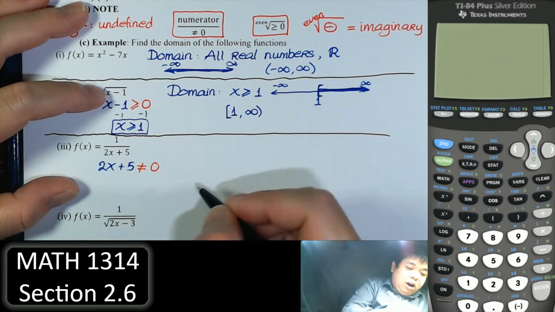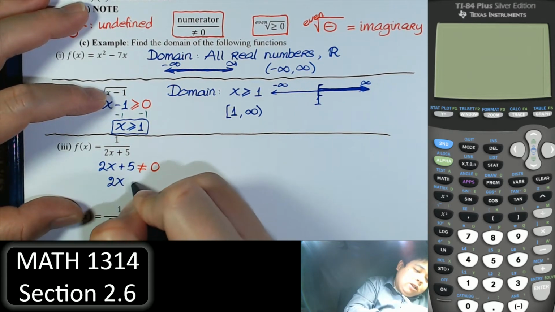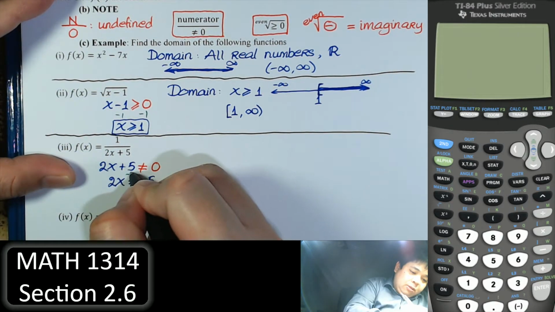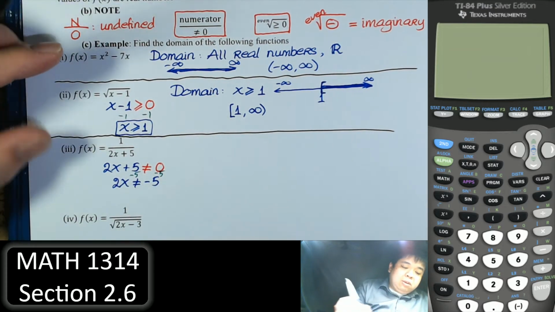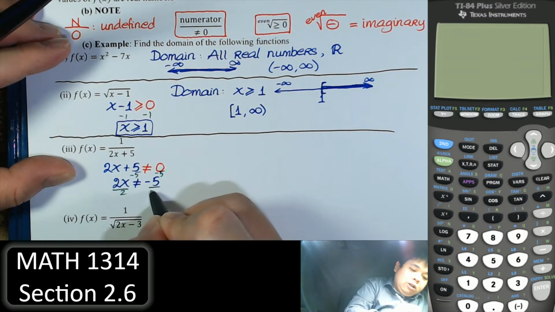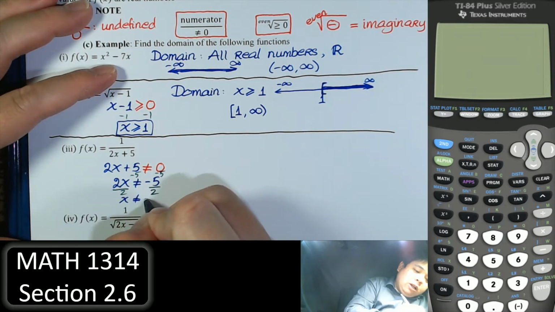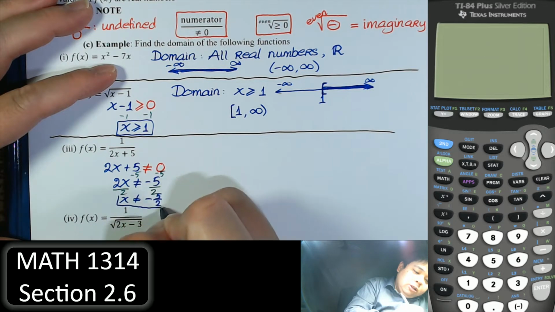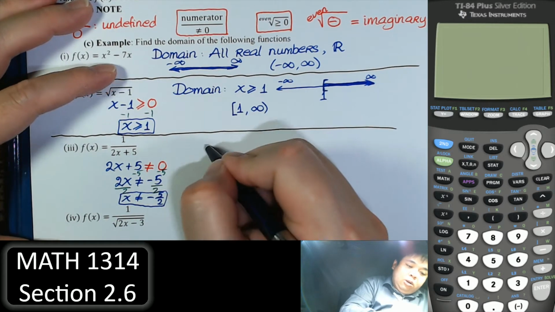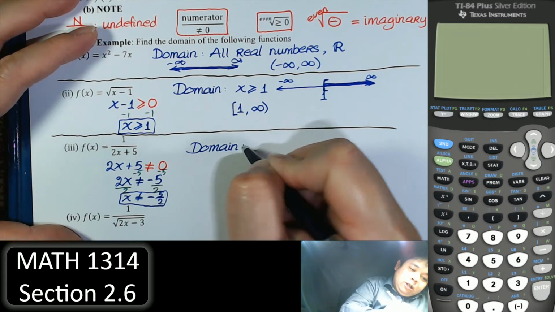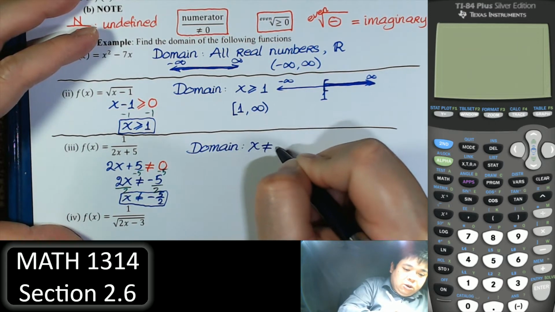And subtract 5 on both sides, we have 2x not equal to negative 5. And divide by 2 on both sides, so x not equal to negative 5 over 2. Right. So the domain is x not equal to negative 5 halves.